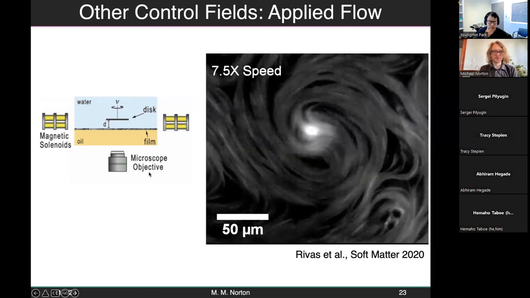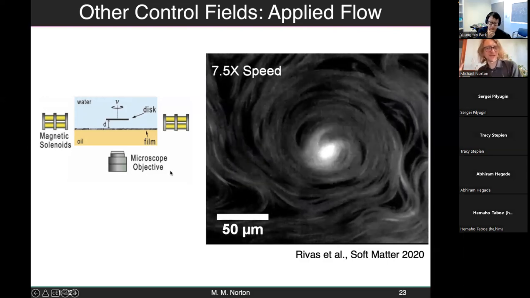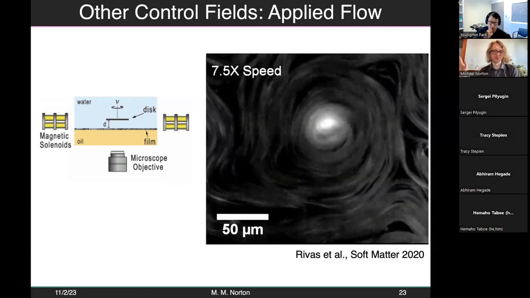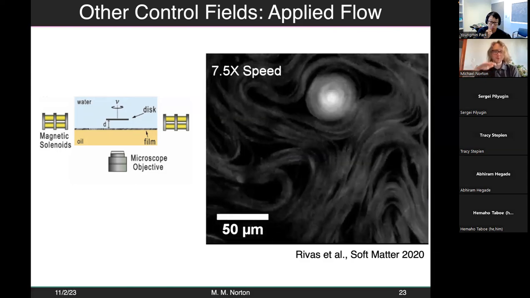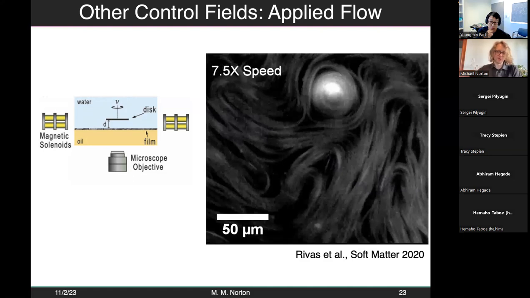So there are other ways of interacting with this system. This is work that was done at Johns Hopkins that came out right after we published the optimal control work. It was nice because we had already done their control problem or something very close to it. Remember that this active nematic is just floating on an oil-water interface.